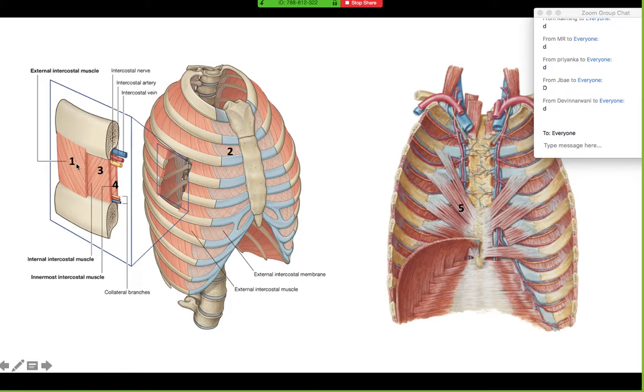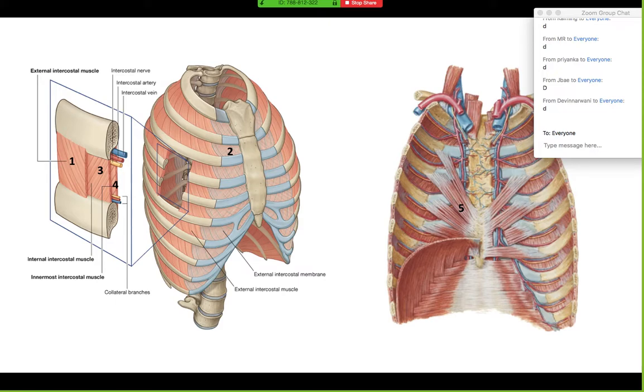And I believe last year they tagged the internal intercostals. How they did that is they lifted up this first layer, the external intercostals, and then you could see the fiber direction of the internal intercostals. That fiber direction, we call it hands and gloves.